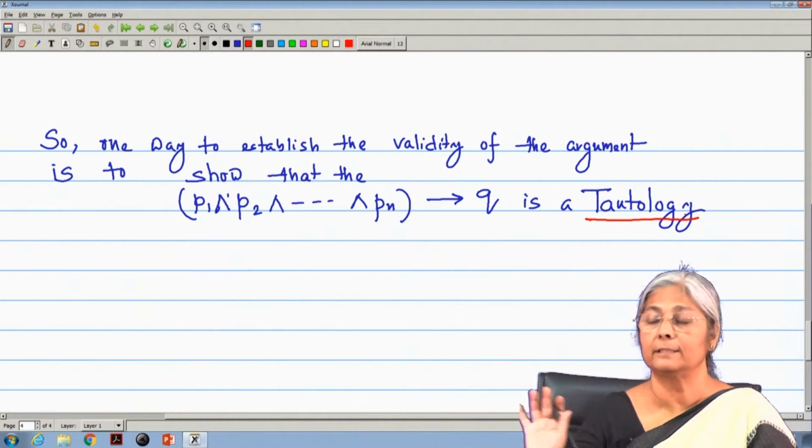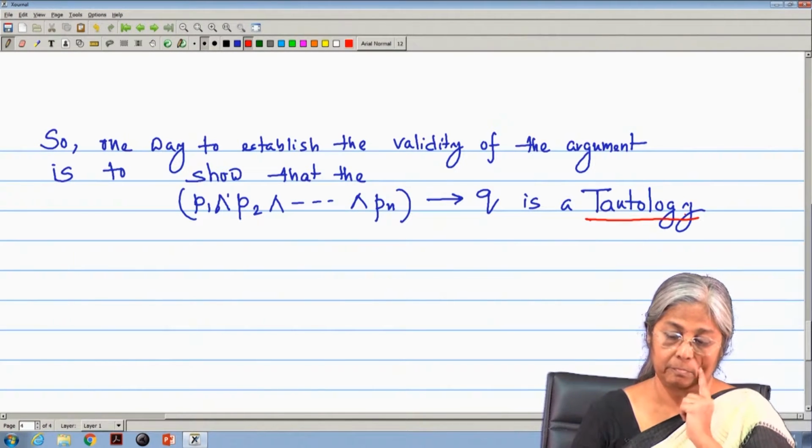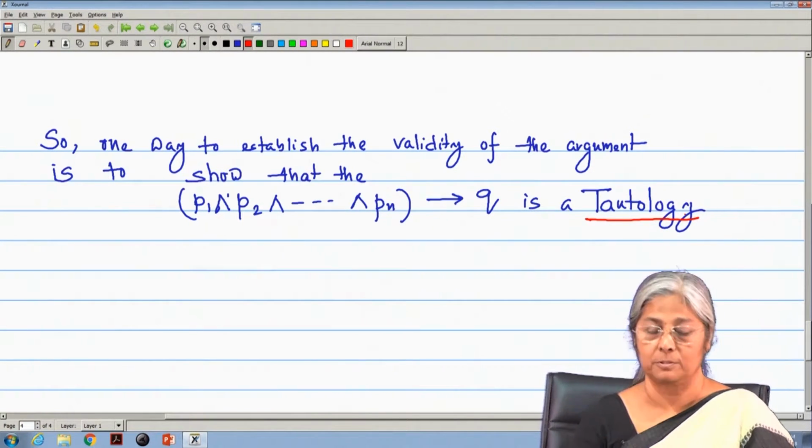And we can tell that then it is a valid statement, or this compound proposition is valid.